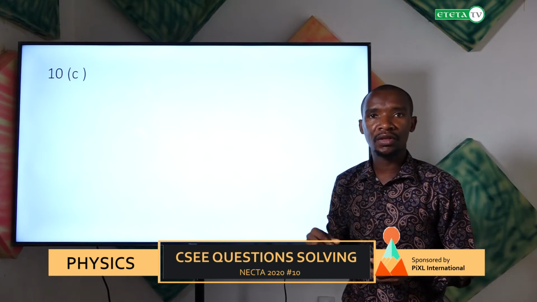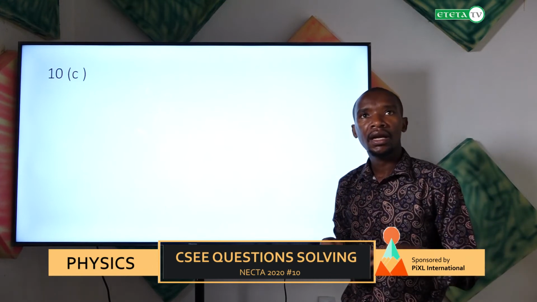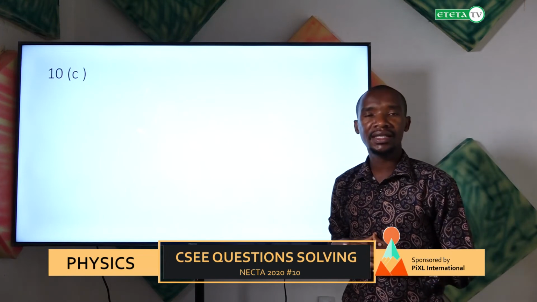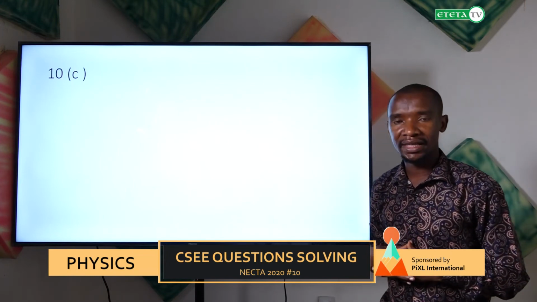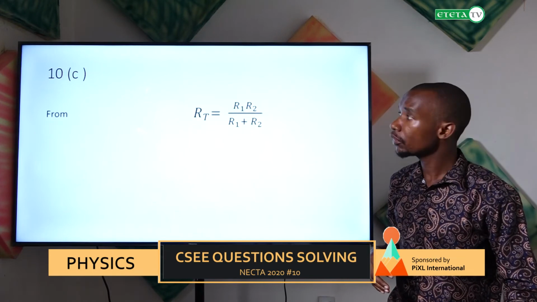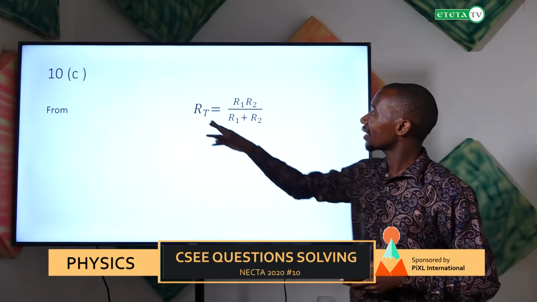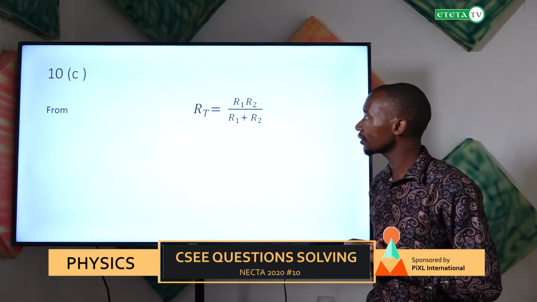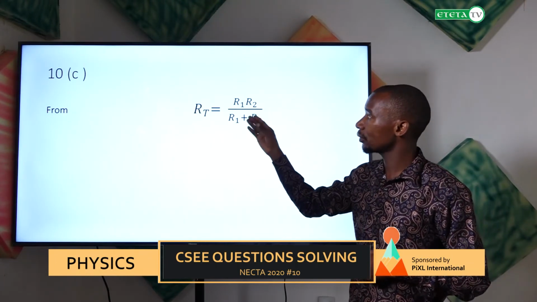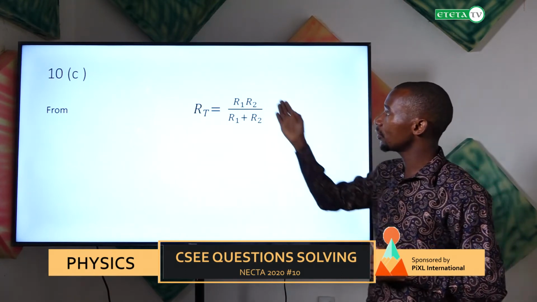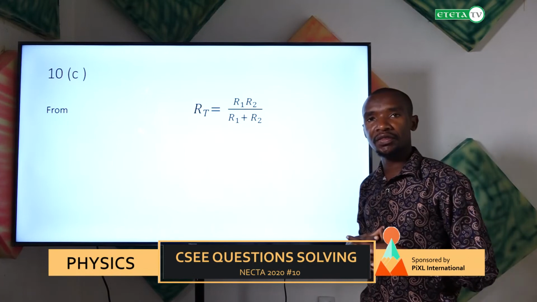So we are going to use the formula which is used for calculating the total resistance when resistors are connected in parallel. And our formula is this. We can use this formula where RT means total resistor. We have R1, R2, the product of the resistors divided by the sum of the resistors. We can use this formula to find the effective resistor.